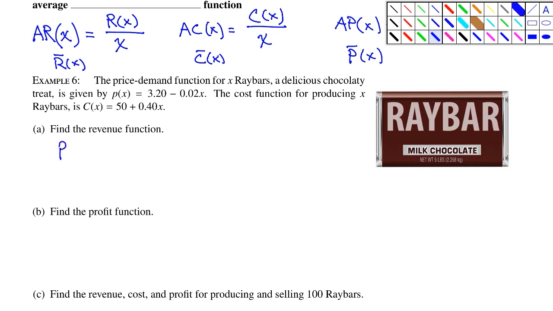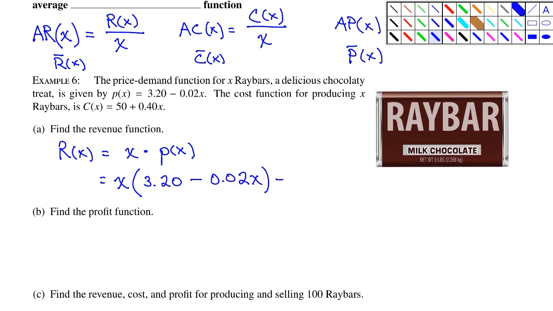So revenue, R of X, is equal to X times little p of X. And our little p of X is the price demand function. So in this case, it's 3.20 minus 0.02X, and that's equal to 3.2X minus 0.02X squared.